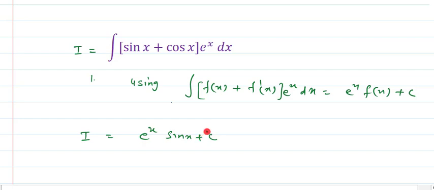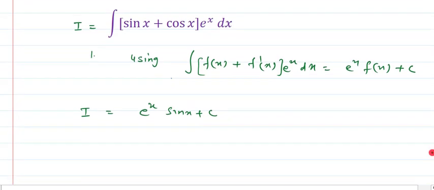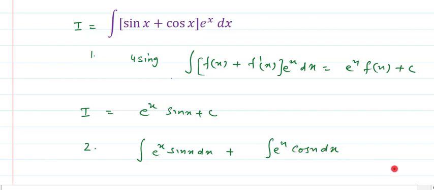This is one method, in which you write the result that we have directly considered, and using this we find the answer. And the second method is to just solve it as we have done earlier, meaning write it as e power x sin x dx plus e power x cos x dx.